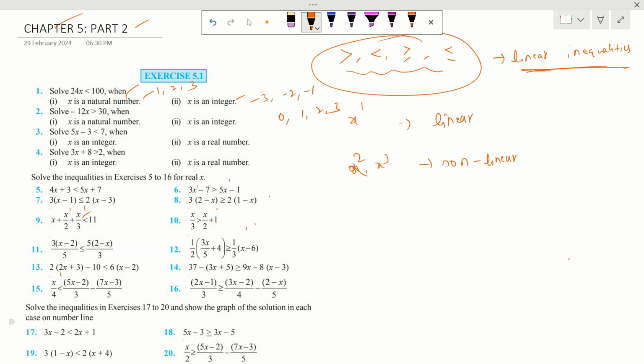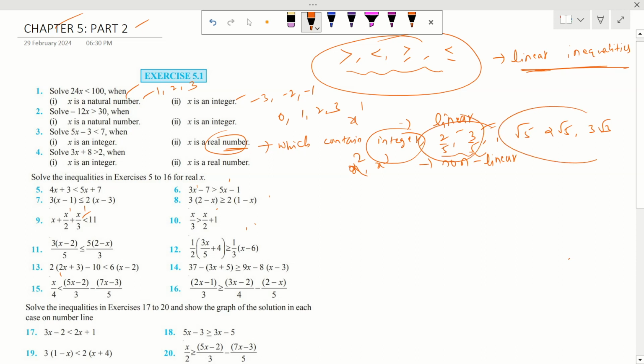And real numbers contain integers along with fractions, like 2 by 5, 3 by 5, and also irrational numbers. Fractions are rational numbers, and irrational numbers are square root 2, square root 5, square root 3. So real numbers contain integers, rational numbers, and irrational numbers.